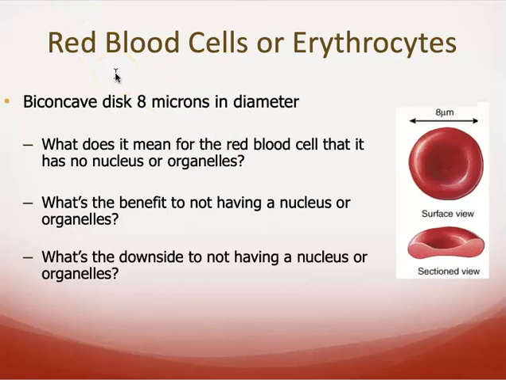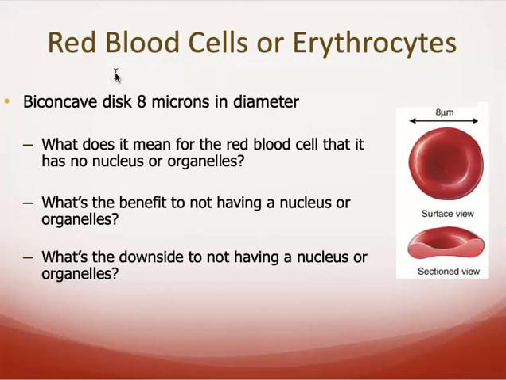Okay, so hopefully you paused the recording and gave it some thought before listening for the answer. When you don't have a nucleus, think about it, the nucleus is the part of the cell that holds DNA. And the whole point of having DNA is that you can transcribe it and then translate it into proteins. You would need to do that if you're making more of the cell or repairing parts of the cell.